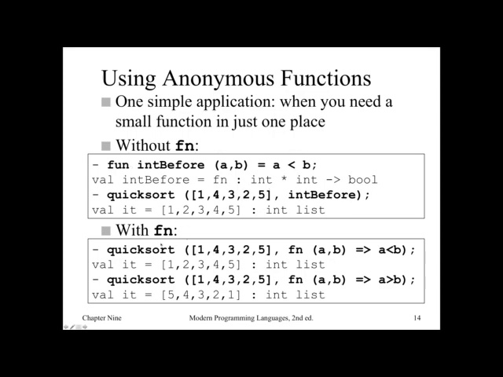But with fn, where I can use anonymous functions, I've got this declaration right here where I've got quicksort, there's my list, and it wants a function up here. I just said int before because I already declared that function. Here, I skip all that. I just go fn, and then I just provide the match right there. What's the match? It says, you give me a pattern that looks like this, an A and a B in a tuple, and I'll give you a true or false on whether A is smaller than B. That's it.